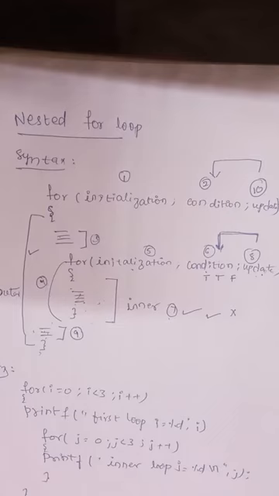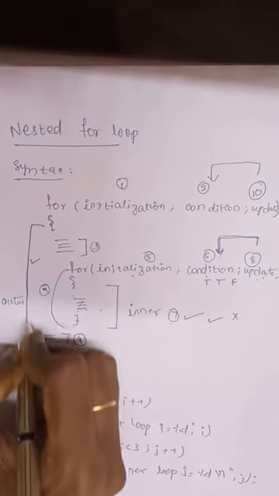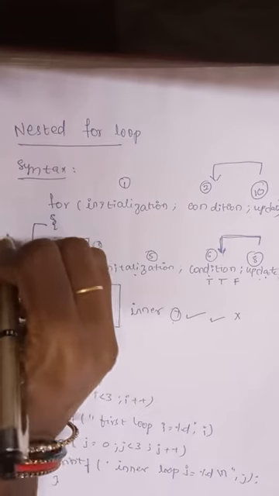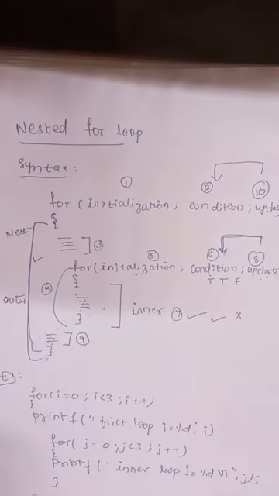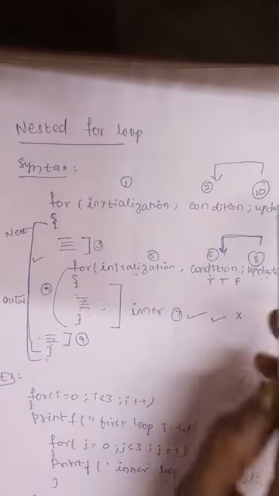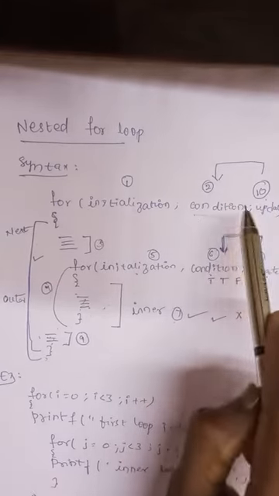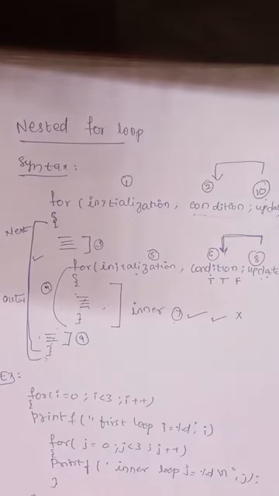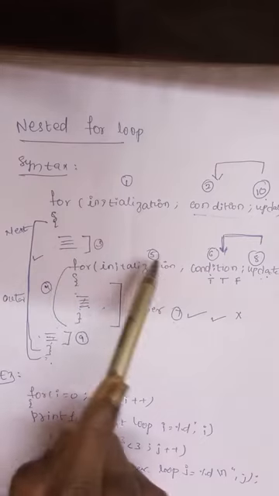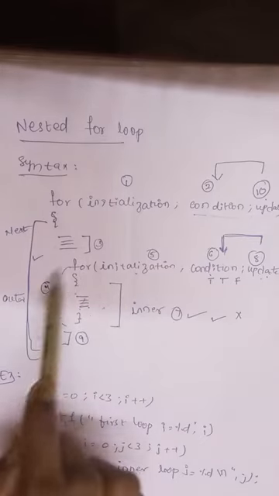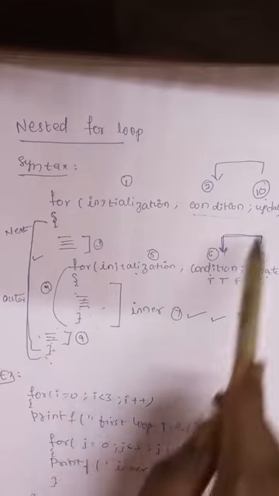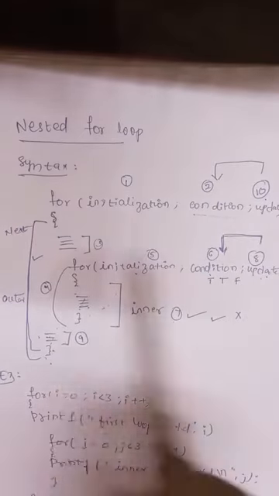That means if the condition is true here, right? If this condition is true here, then only this complete block is going to be executed the next time. When the updated value is tested by the condition, if this condition is true, then this complete block is executed. That means this part, this part, this part is checked again, right?